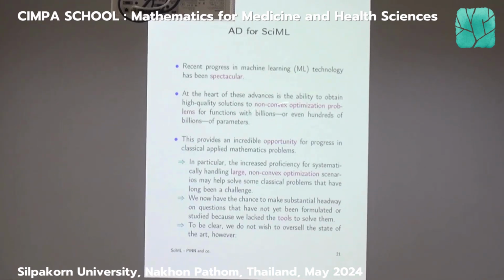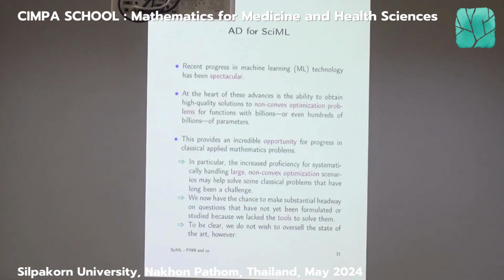Because it has an ability to obtain high-quality solutions to what are called non-convex optimization problems for functions with billions or even hundreds of billions of parameters, and in the non-convex optimization problem, to solve noisy non-convex optimization.